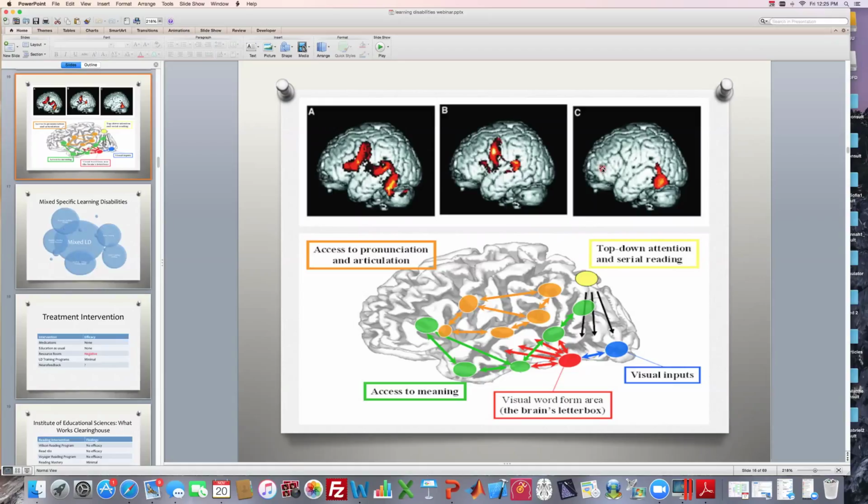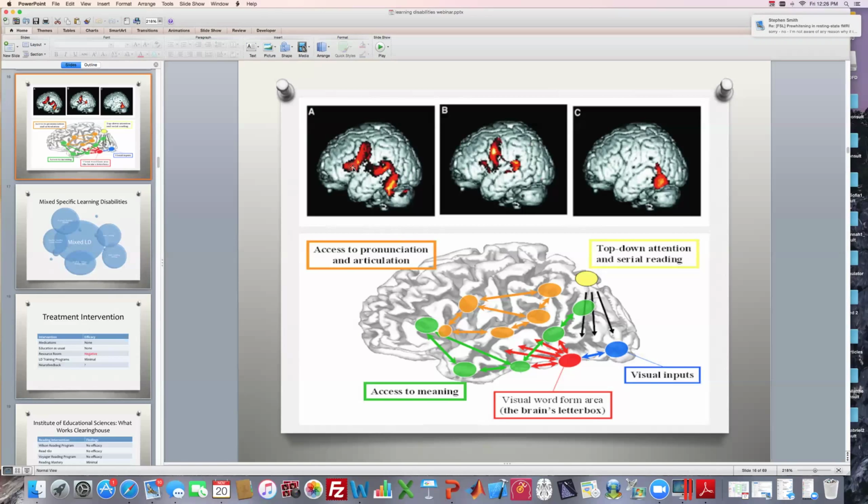So this individual is not going to be able to put together what they see with the meaning or the sound of it. Here we have another example of someone that activates the phonology region, but not the semantic or word form area. They might be able to sound out words or even repeat words, but will probably not be able to sound them out based on looking at words.